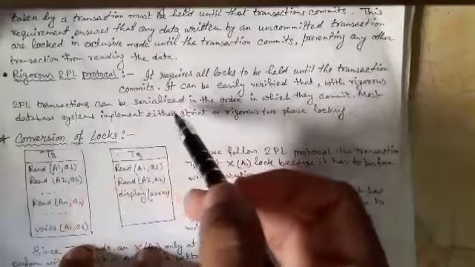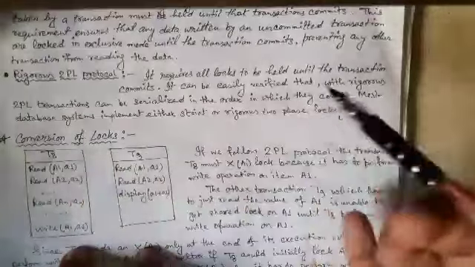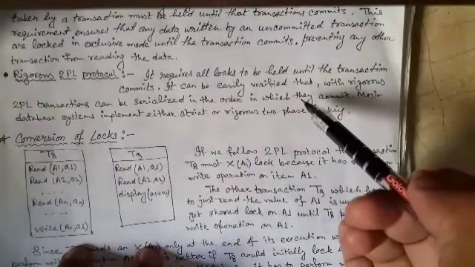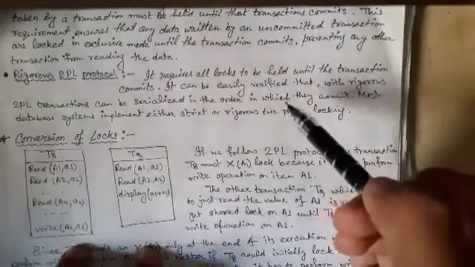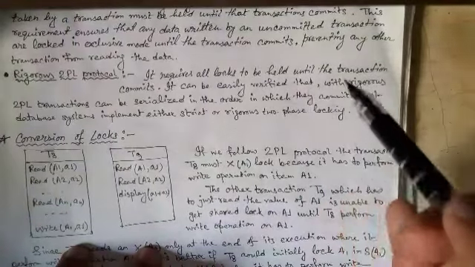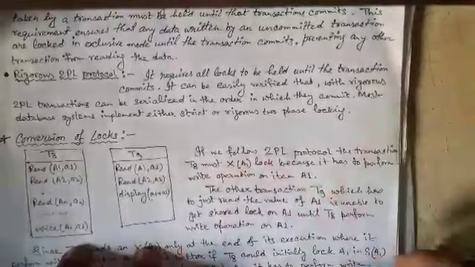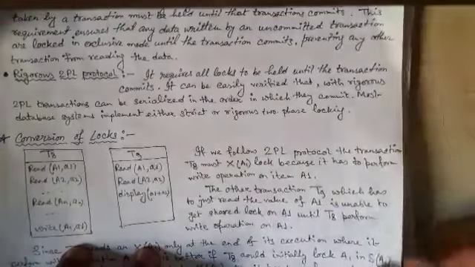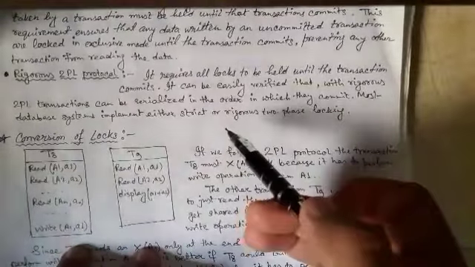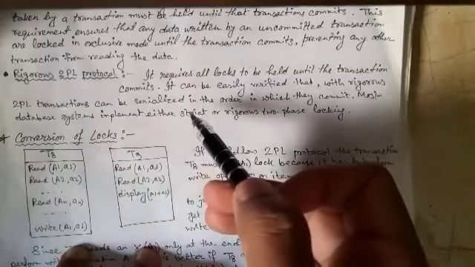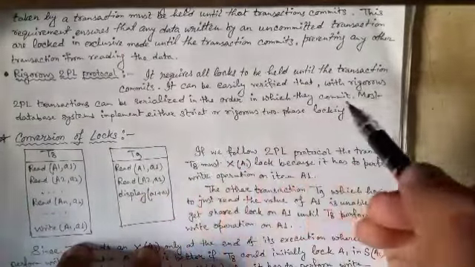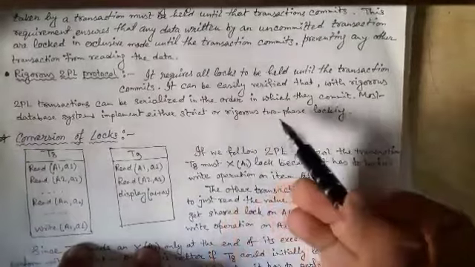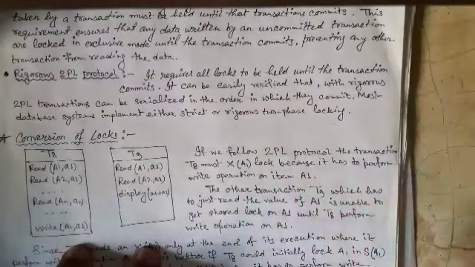In rigorous two-phase locking protocol, any lock issued by any transaction will be held until the transaction commits. That means in rigorous two-phase locking protocol, the transactions should be serialized in the order in which they commit.